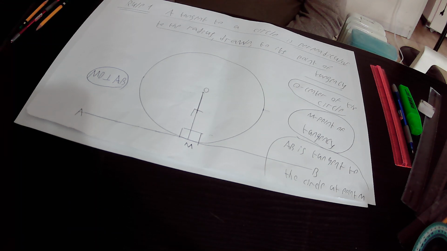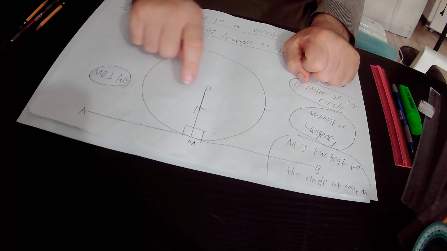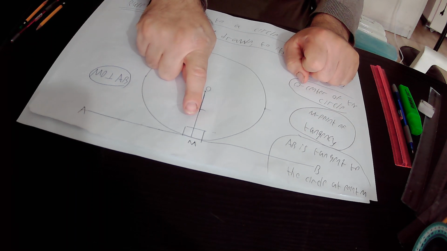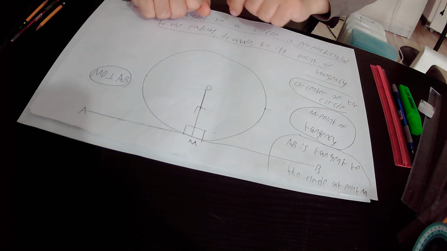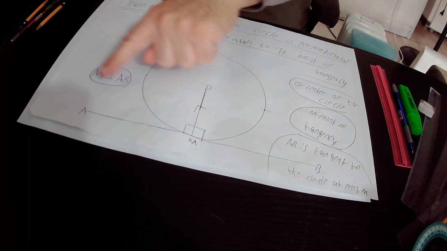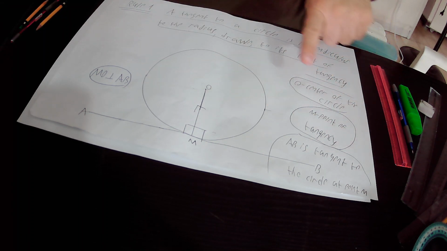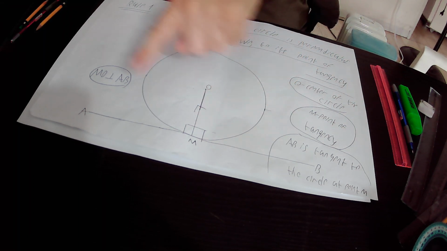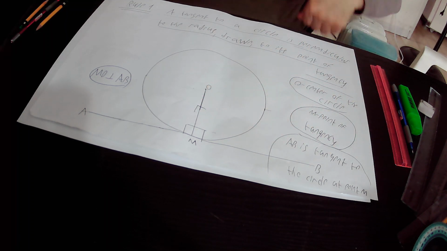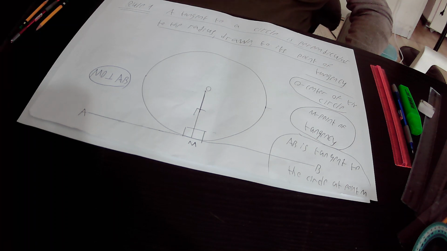So, in the drawing we have a circle, and we also have tangent AB that is tangent to this circle at point M. And we have the radius OM that is drawn to point M, the point of tangency of tangent AB with this circle. Whenever you have a radius drawn to the point of tangency, then tangent AB will be perpendicular to the radius MO. If AB is perpendicular to MO, it means that this angle equals 90 degrees and this angle also equals 90 degrees according to rule 1.